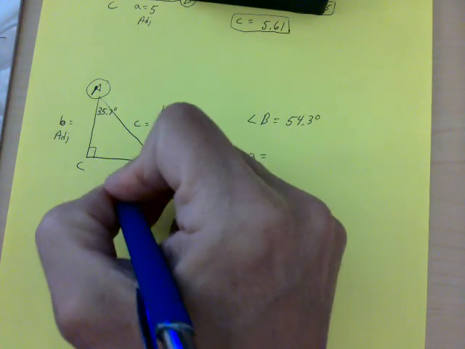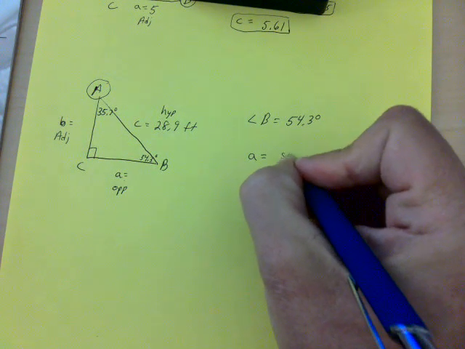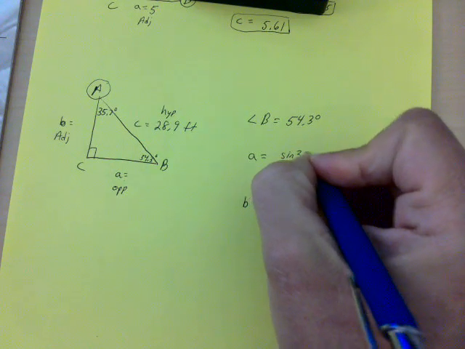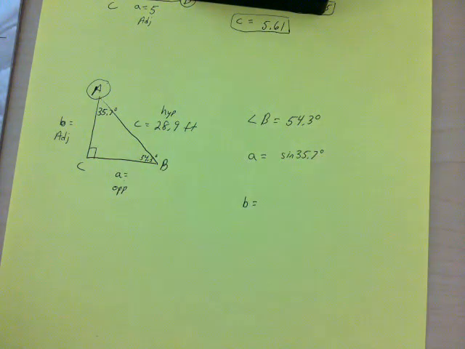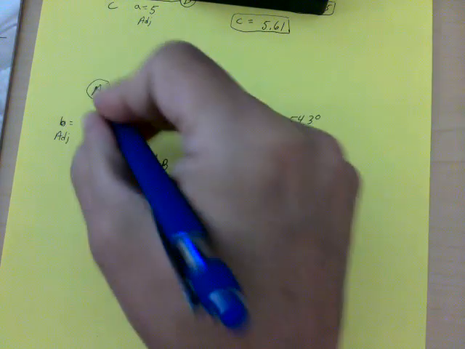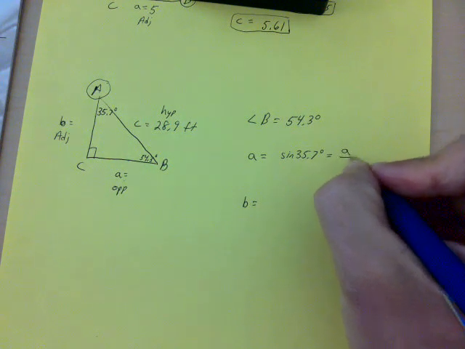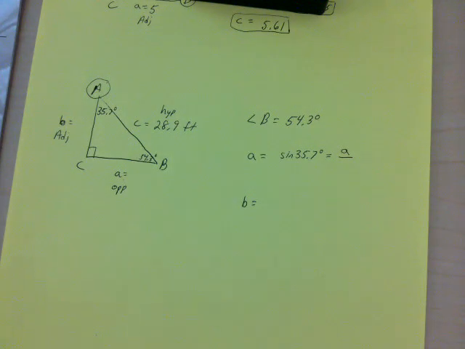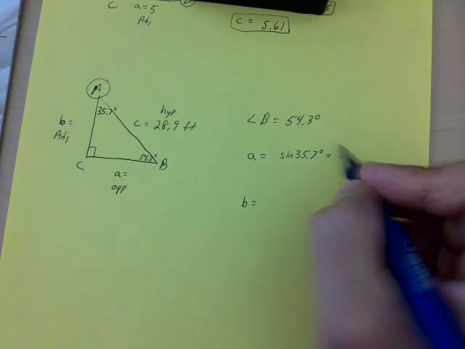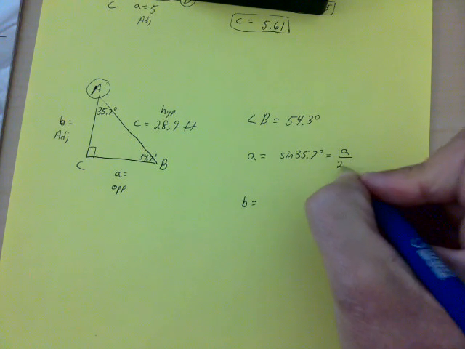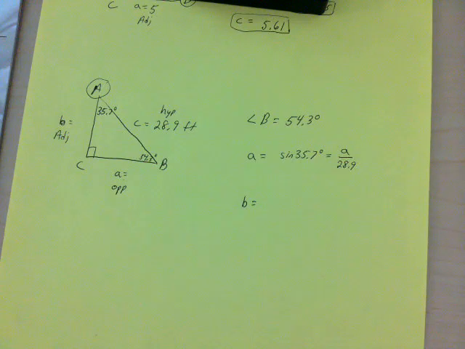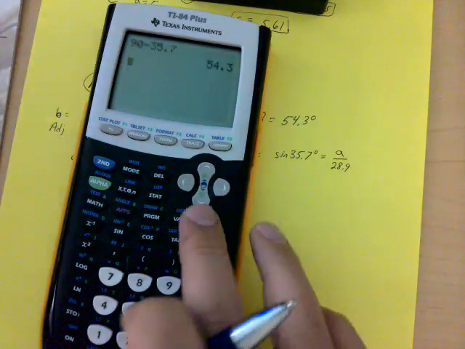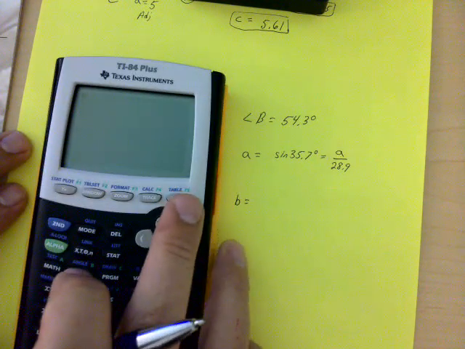To find A, I'm going to show the work here. The sine of a 35.7 degree angle is defined as my opposite side, which we don't know. We call it A. That's what algebra is all about: a variable taking the place of a number, over 28.9. The calculator can do this so quickly for us.